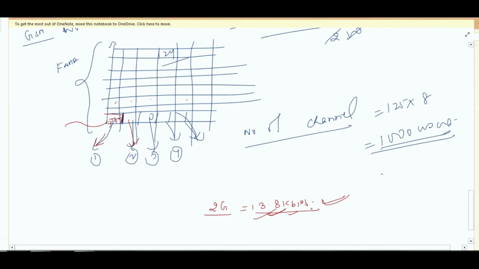Then why are 3G, 4G, 5G coming into the market? They are not coming for voice.